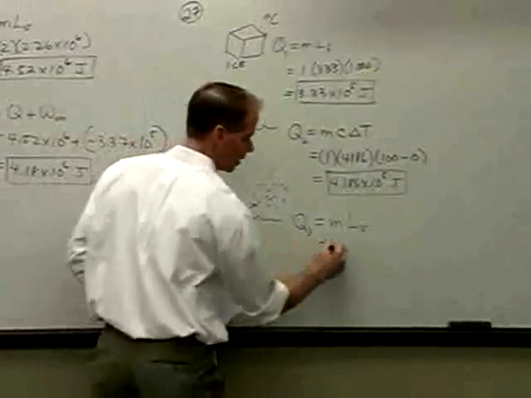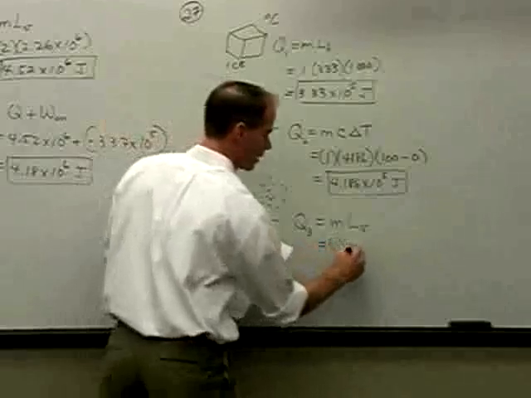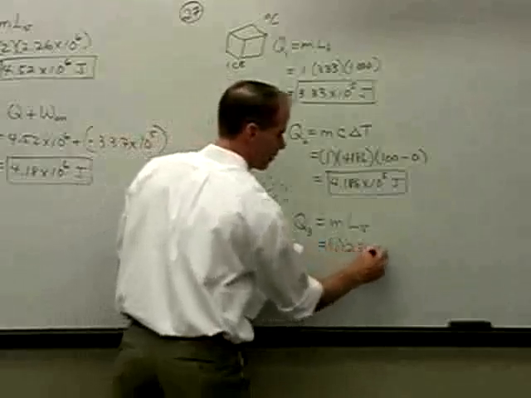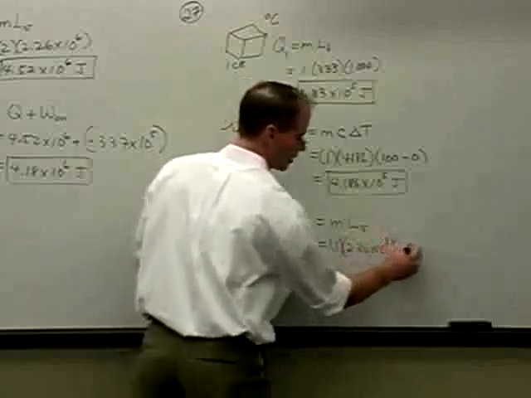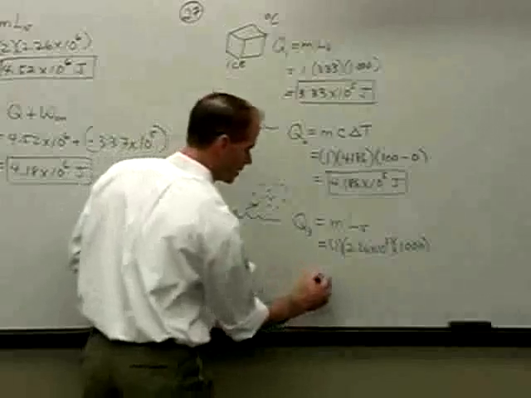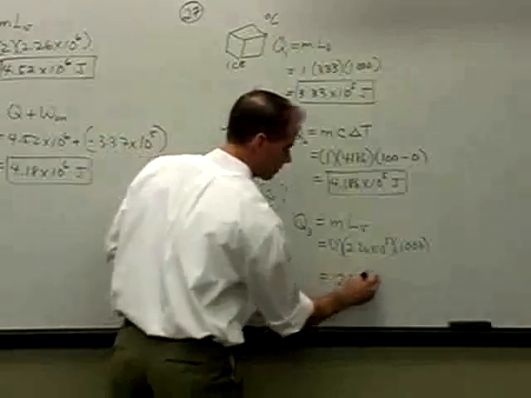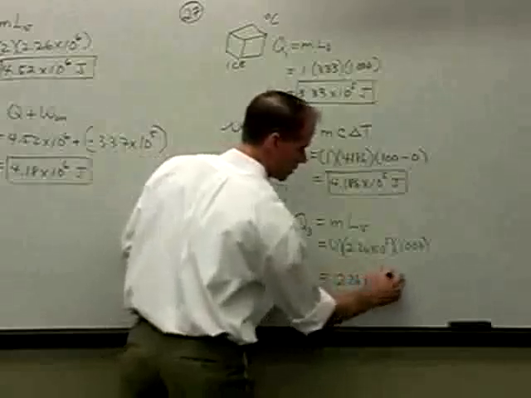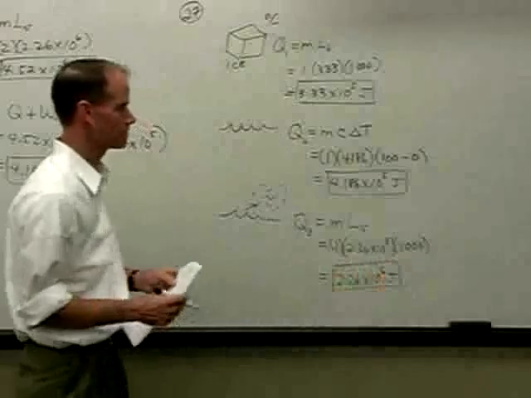So that's going to be 1 kilogram times 2.26 times 10 to the 3 joules per gram. But 1 kilogram is 1,000 grams per kilogram. So this is going to be 2.26 times 10 to the 6 joules required for that conversion.